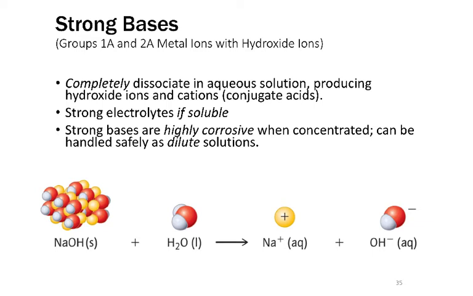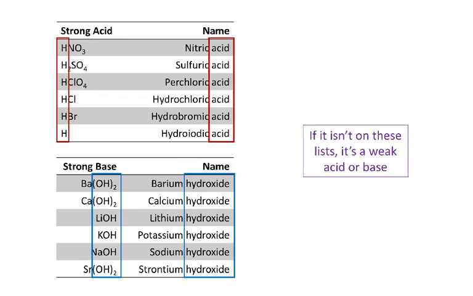So luckily there's a short list of strong acids and strong bases, and these are it. If it's not on these lists, it's not a strong acid or a base, so it's considered weak. And you don't have to memorize this, right? You don't have to memorize it. Oops, so my box is kind of in the way. This one right here is supposed to be HI, hydroiodic.